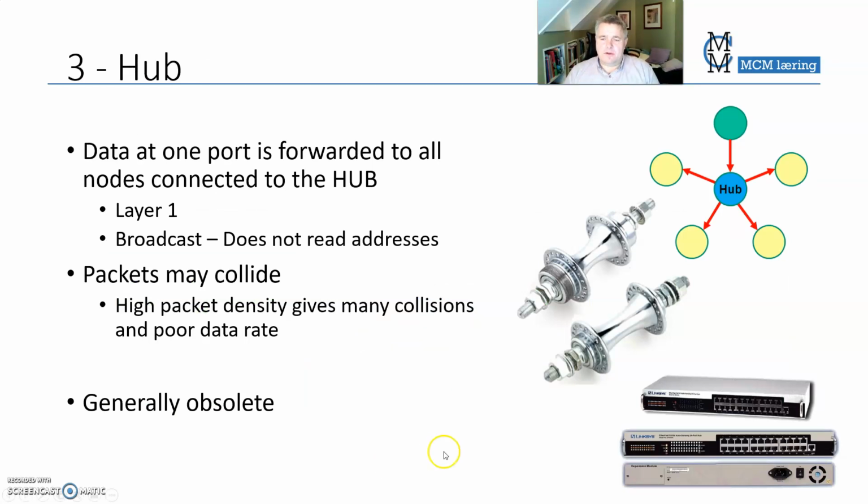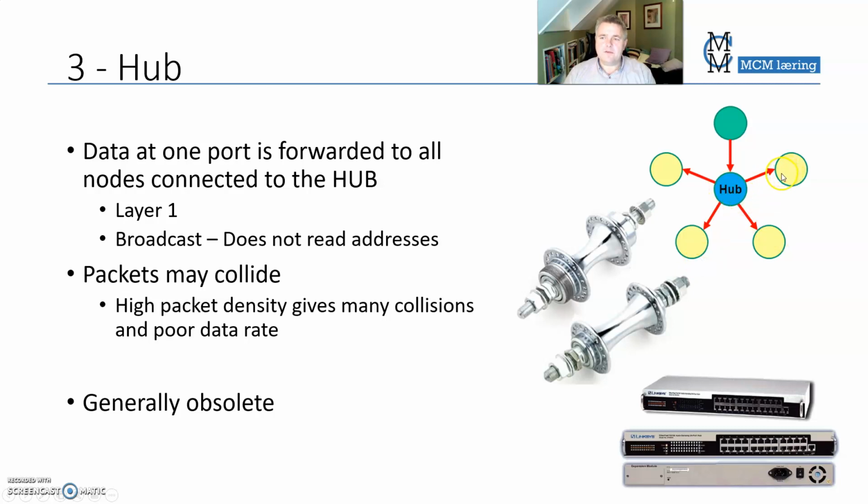Number 3 is a hub, and in English a hub is the center of a bicycle wheel. You will also find a hub, for example, in packet transmission with the postal system, where you can say that you have a European hub in Amsterdam. A hub is a central device in a star topology network. You connect all your computers to the device, and the hub makes sure that a message that comes into the hub is sent to all the other devices.